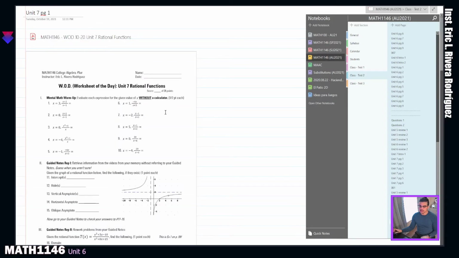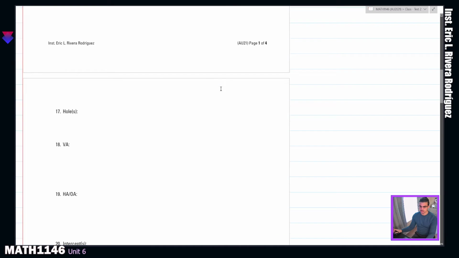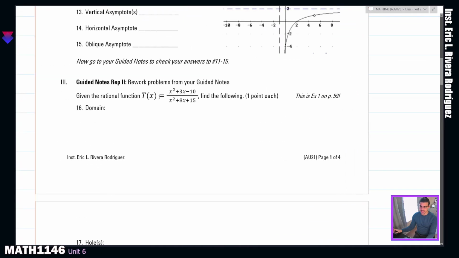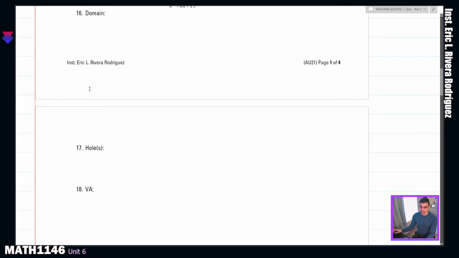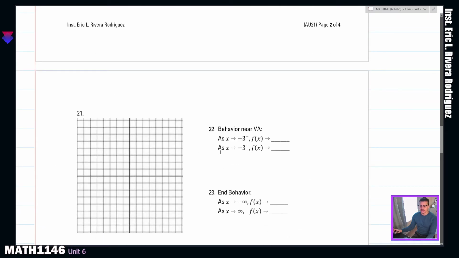From the worksheet of the day, anytime you need to graph a polynomial function, you want to follow these steps: find the domain, find the holes, vertical asymptote, horizontal or oblique asymptote, intercepts, and then the behavior near the vertical asymptote and the end behavior of the graph.